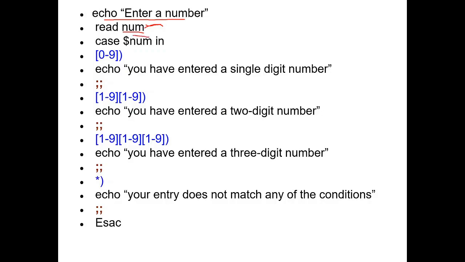Now whatever is stored in num variable, you are going to check against the pattern. You are going to compare this against the pattern. So this number with whichever pattern it matches, that statement will get executed. Now see, the first pattern is this, single digit number, we are going to check here for single digit number, that is from 0 to 9. So the square brackets we call as wild characters.